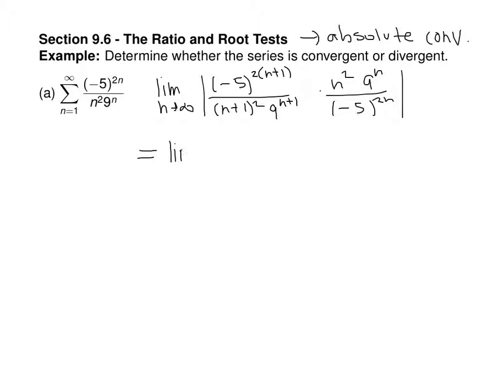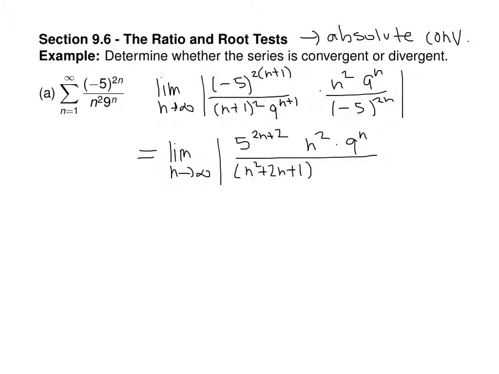So I'll have the limit as n goes to infinity of 5 to the 2n plus 2, n squared, 9 to the n, over n squared plus 2n plus 1, 9 to the n times 9, and then 5 to the 2n. Now just note that 5 to the 2n plus 2 is actually 5 to the 2n times 5 squared, so a whole bunch of stuff is going to cancel here.